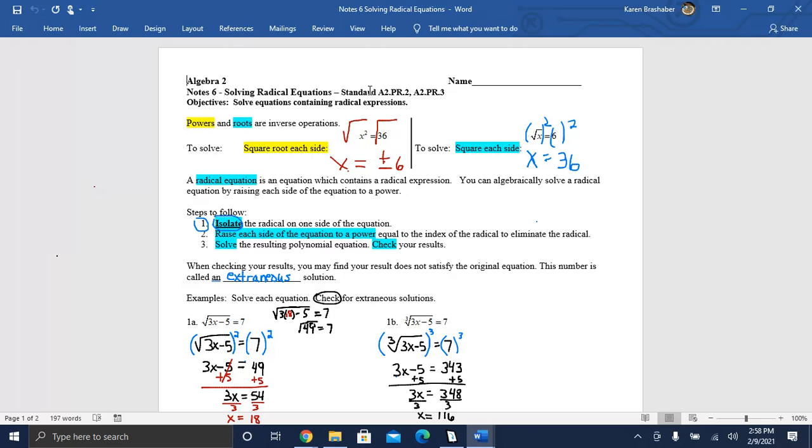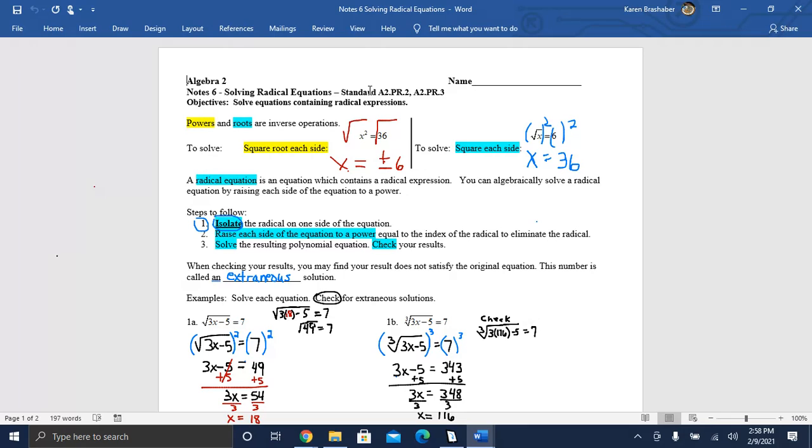116. And if we check that, if we plug in 116, so if we do the check right here, the third root of 3 times 116 minus 5, we want to see if that's equal to 7.